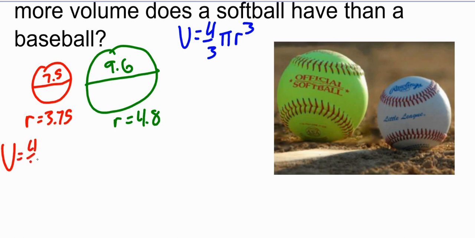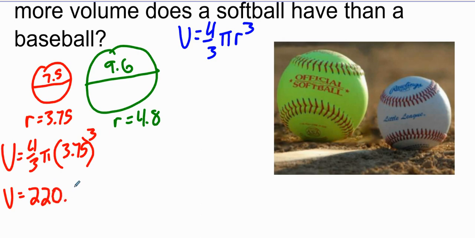Volume equals 4/3 pi times 3.75 to the third power, which equals 220.9 cubic centimeters.